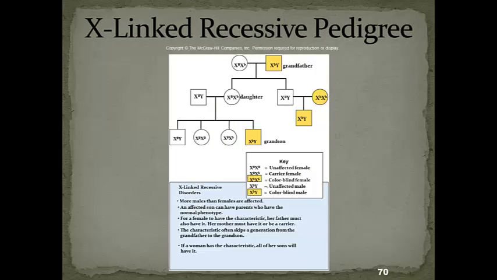Okay, here is a standard pedigree for an X-linked trait. With X-linked traits, more males are going to be affected than females, because males are hemizygous.